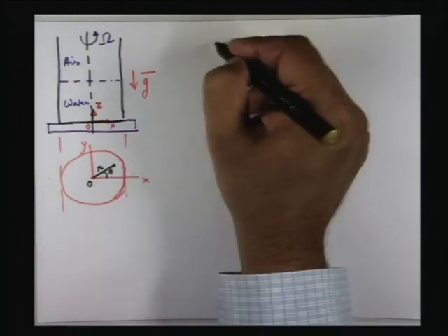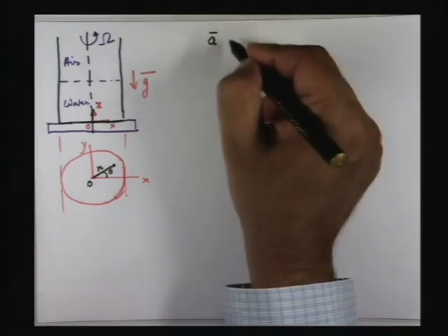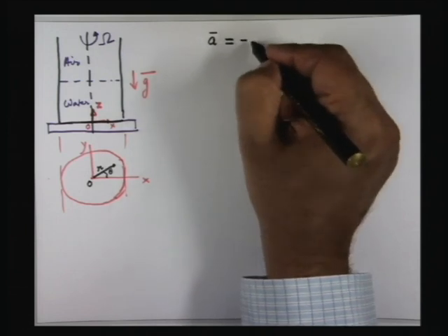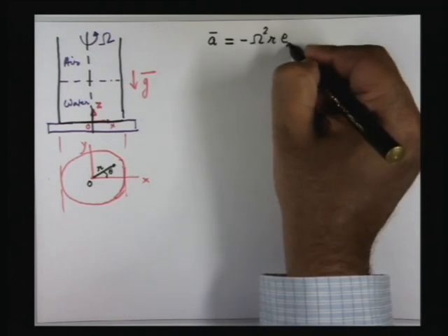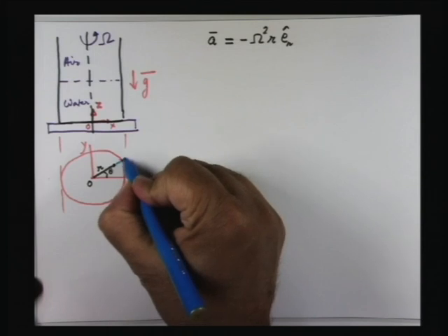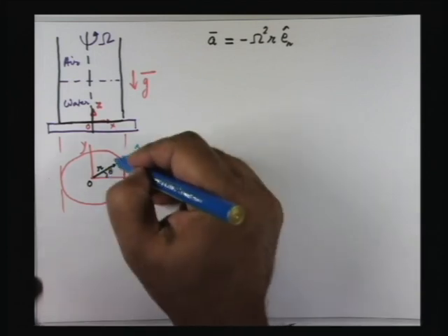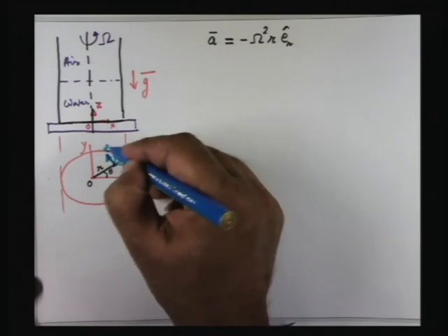Now here the acceleration of the fluid particle is the centripetal acceleration. So we are going to have minus omega squared r into what we may call e_r. e_r is the unit vector in the radial direction. So this is your e_r pointing radially outwards, and the one perpendicular to this you may call e_theta.